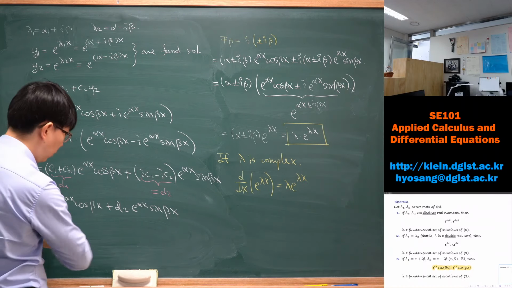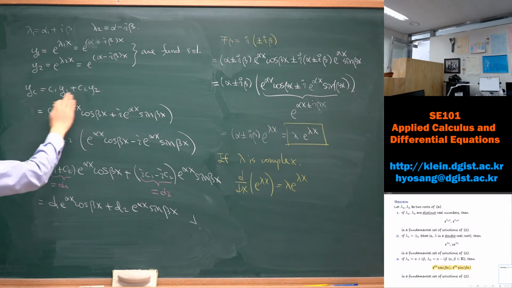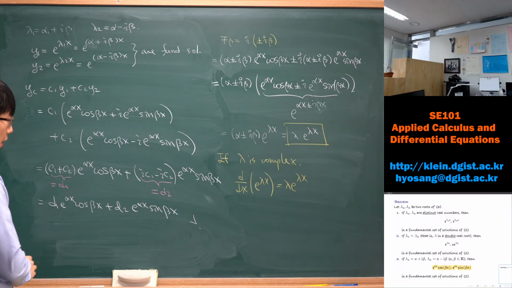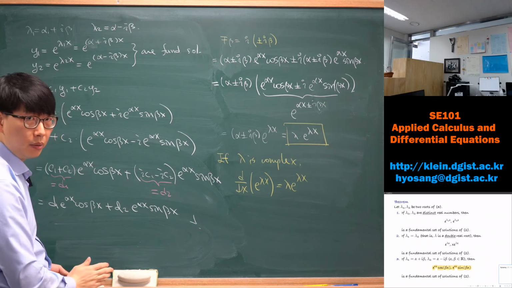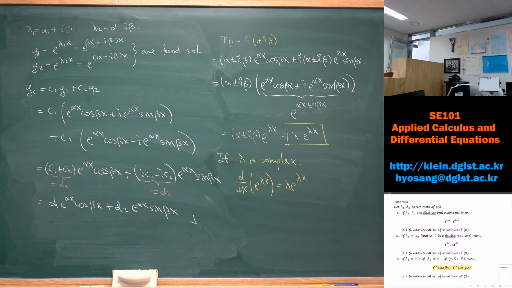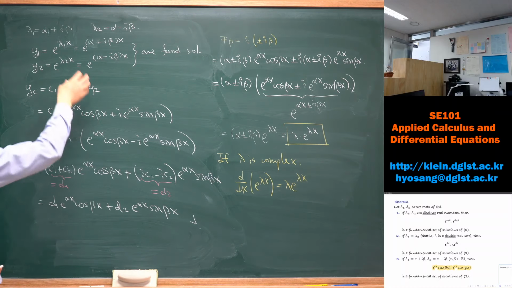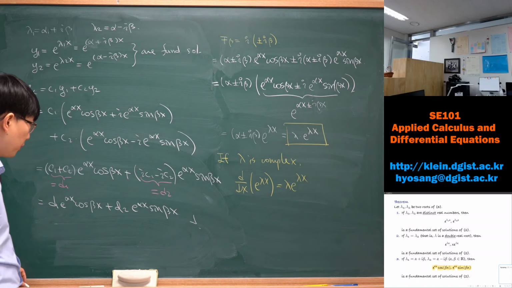So you can just start from this formula without considering the complex numbers in the beginning. However, the idea why we have this as a fundamental set of solutions is because of the Euler formula.